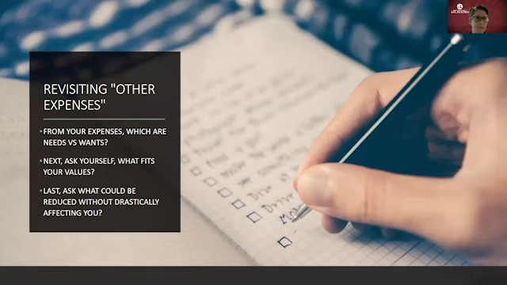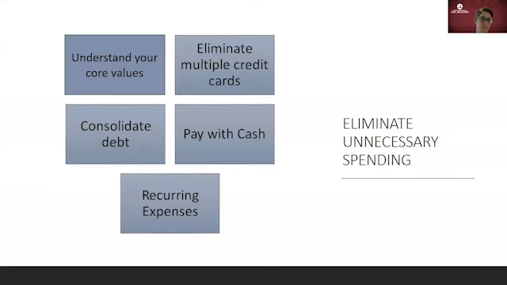Revisiting our other expenses. From your expenses, which are needs versus wants? And then ask yourself, what fits your values? Last, what could be reduced without drastically affecting you? Then we're going to eliminate unnecessary spending. Understand your core values. Eliminate multiple credit cards if you have them. Consolidate your debt.